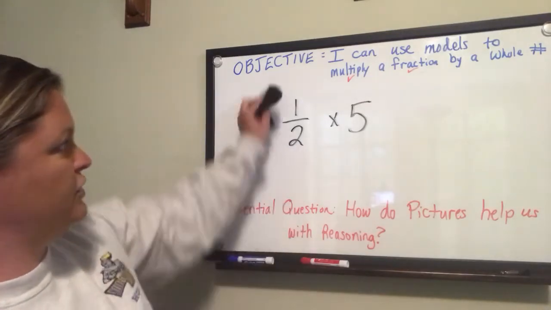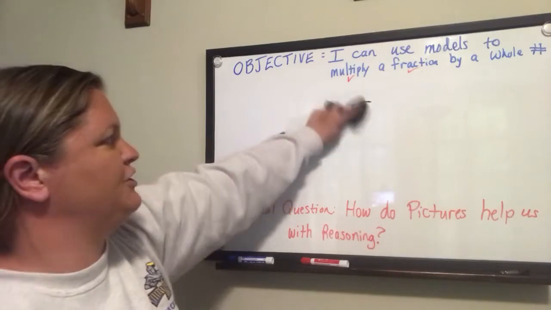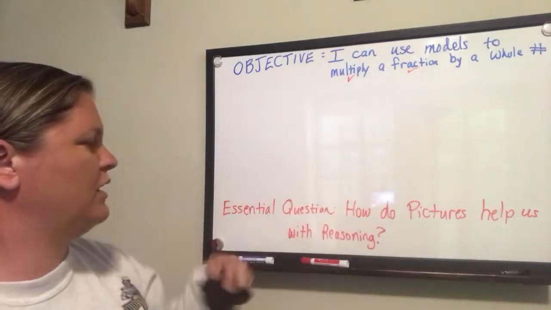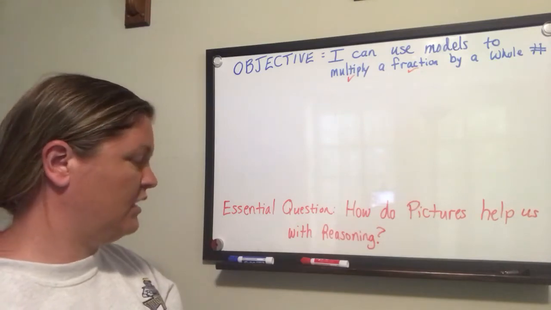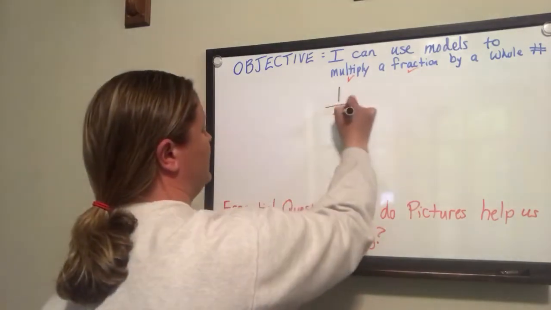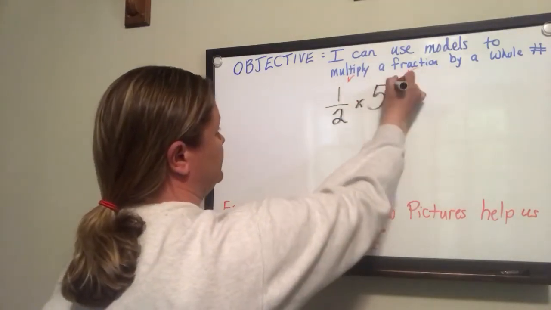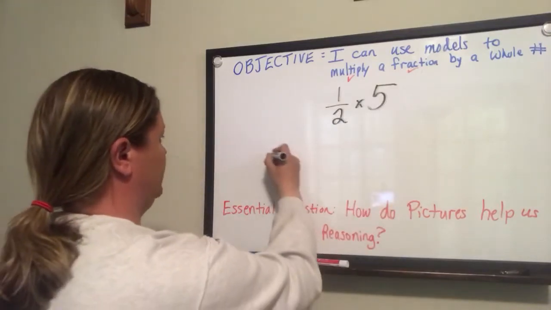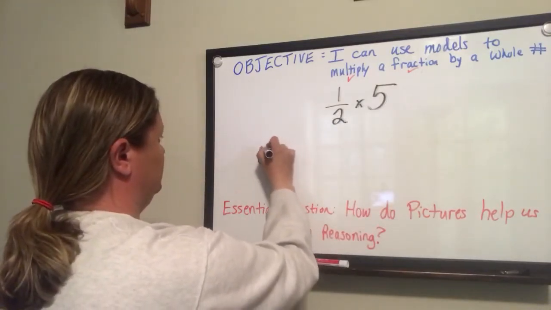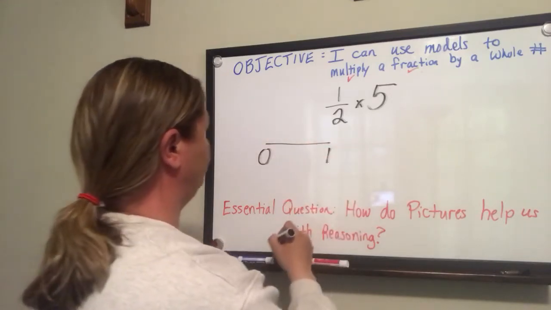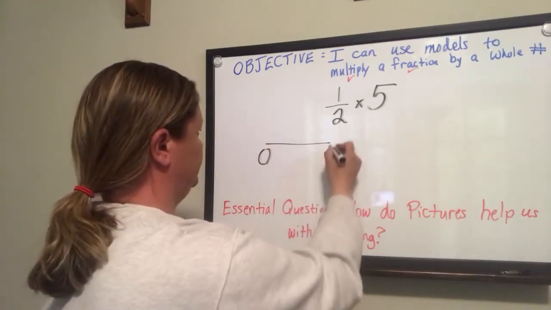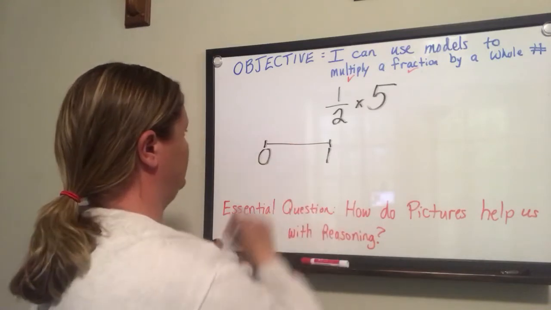Now, I could sketch a picture of a dog and a leash, but that's not going to help me for this. What I want is a mathematical picture. So if I walk the dog, I should keep that up, a half mile for 5 days, it would look like this. Okay, well, let's make a little line here. 1, and let's stop there.